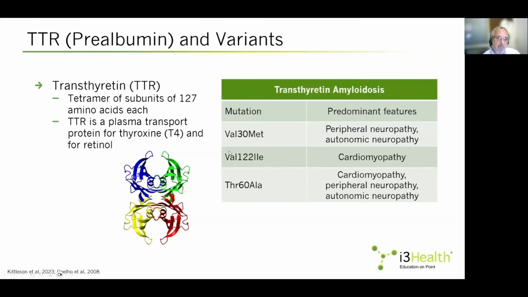The Val122Ile variant, common in Blacks in the United States, is predominantly a cardiomyopathy with minor neuropathy, and the so-called Appalachian variant, common in northern areas of Ireland, if you will, causes a mixed phenotype with a cardiomyopathy and both a peripheral and autonomic neuropathy.